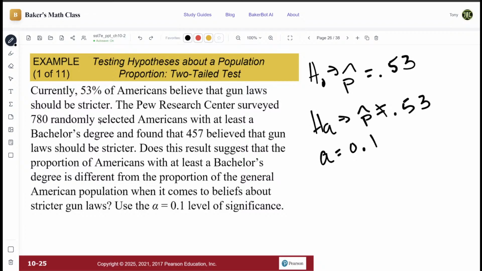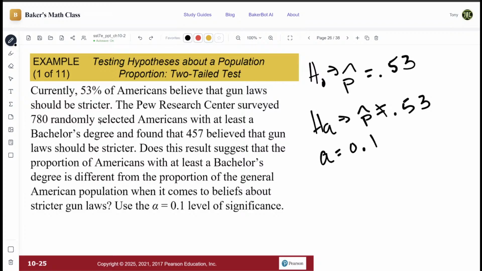I'm just trying to figure out how to word it, because it doesn't matter if you have a bachelor's degree, but somehow you have to say that in the answer. So they have determined that the proportion of Americans with at least a bachelor's degree support stricter gun laws than the average American. That's what they would say.